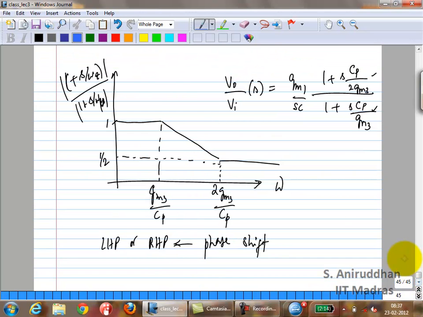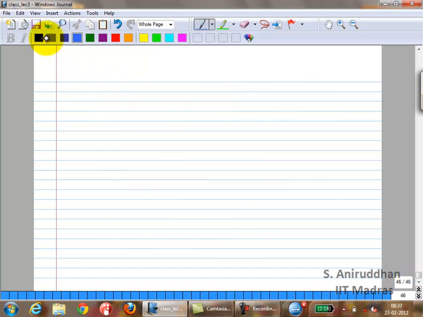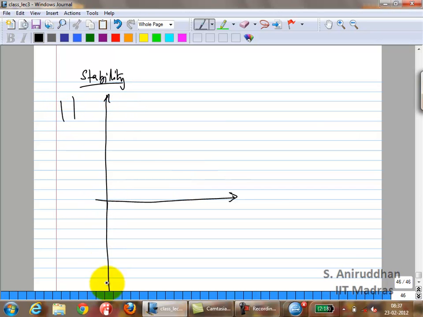Okay. So now suppose we want to look at the stability of this system. So this is the magnitude, this is the phase. What is the magnitude going to look like?